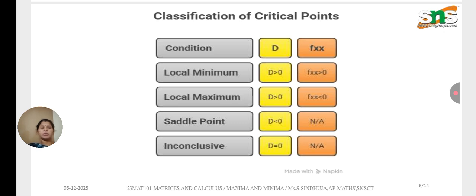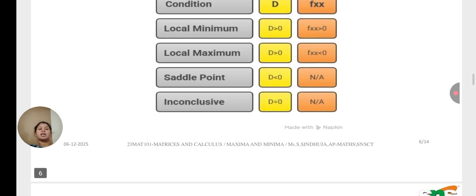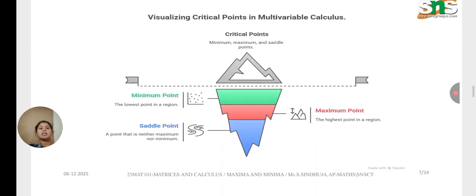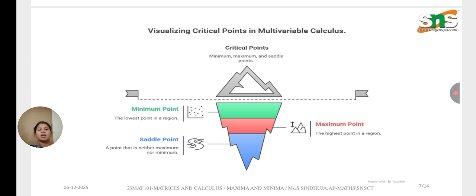The saddle point is when D is less than 0, then there is no need to check fxx, the second order derivative, and inconclusive is when D is equal to 0. So what is D? D is nothing else but ac minus b square, that is the coefficient of x square times the constant minus the coefficient of x, the whole square.